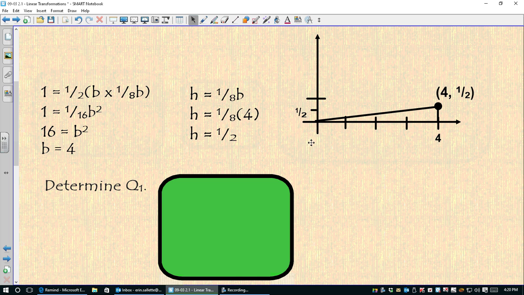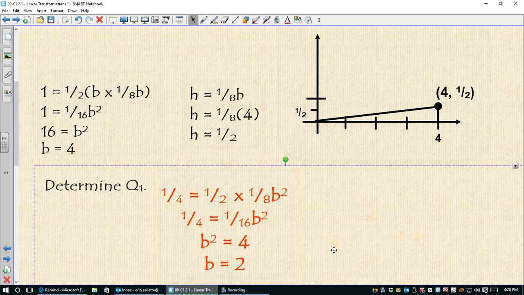Where's Q1? Now, Q1 is going to be where 25% of the data or area is to the left and 75% is to the right. So in order to perform that calculation, we're going to find out when the area of my ramp is 1/4.